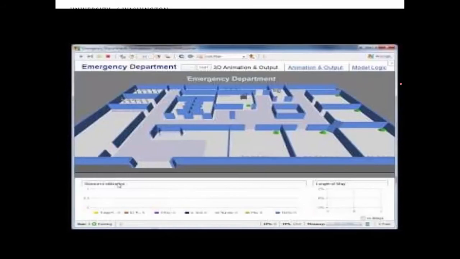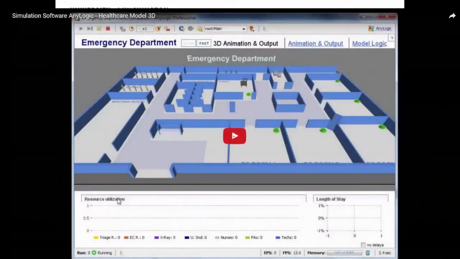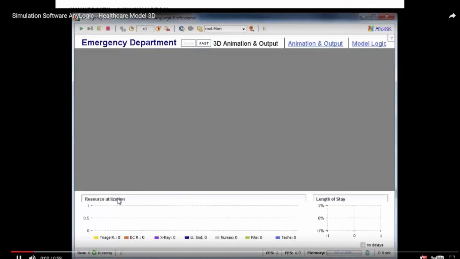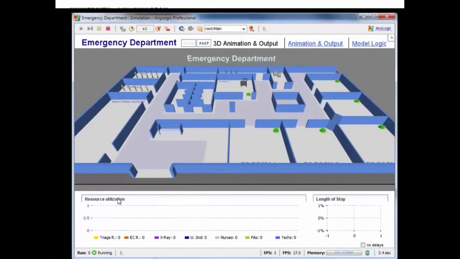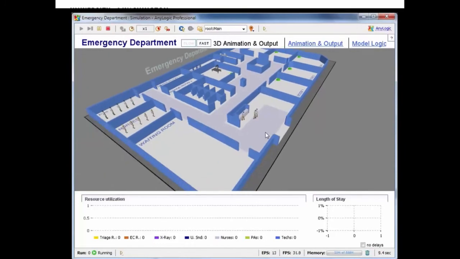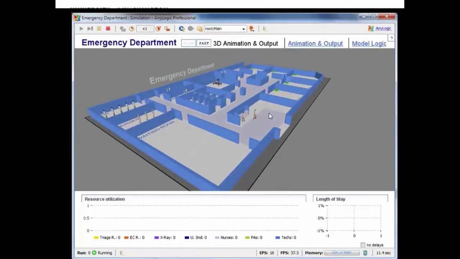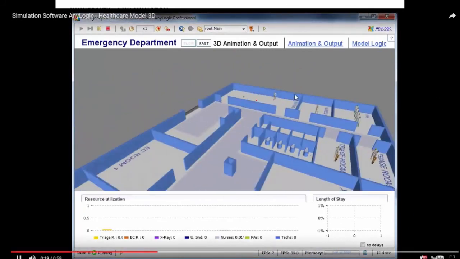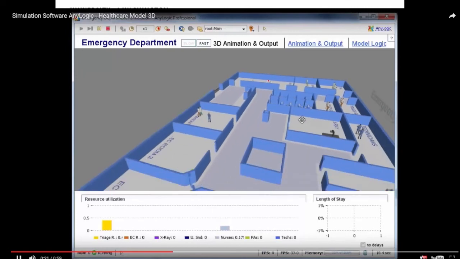So I want to here just show you this quick video from YouTube, which just gives you an idea about what this kind of looks like. So here is another emergency department simulation that someone ran, and it's very complex. It has this fancy visualization here. But you can see the patients coming into the waiting room and waiting there, the simulated patients, not the real patients.